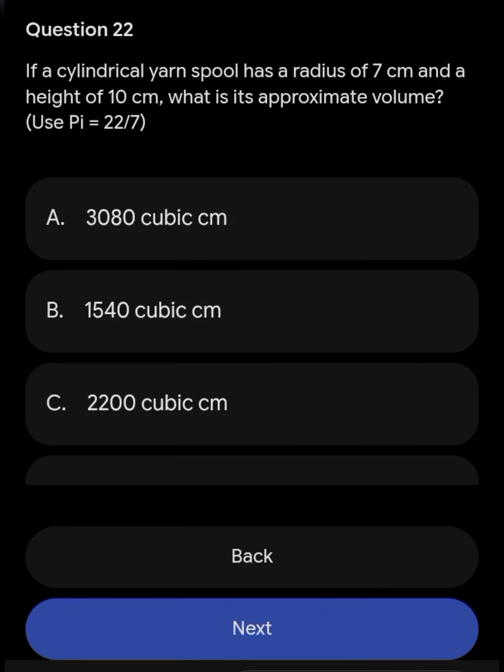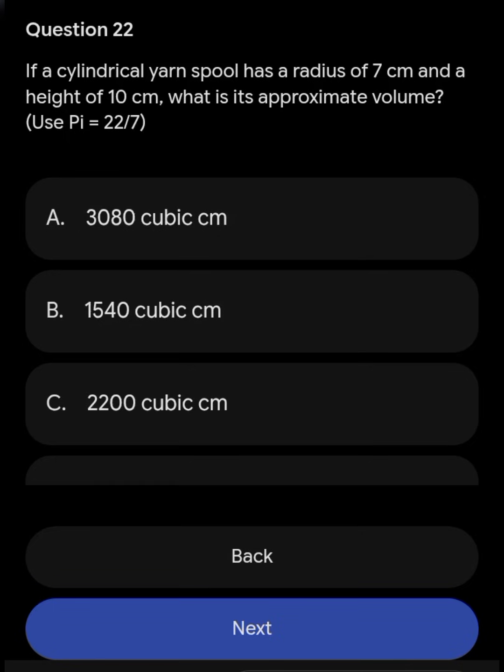We need to continue finding the harder, more complicated questions which can be asked in aptitude. Companies ask aptitude, or GATE aptitude, as well. If a cylindrical yarn is spun with this radius and this height, what is the approximate volume? The value of pi is given.